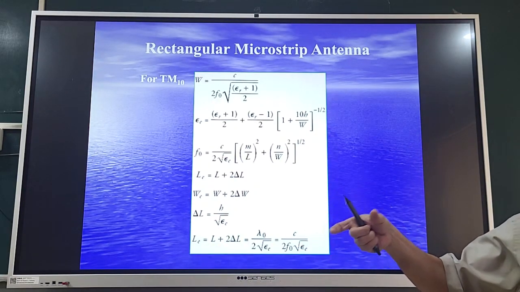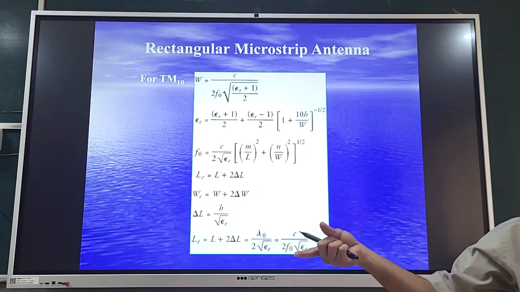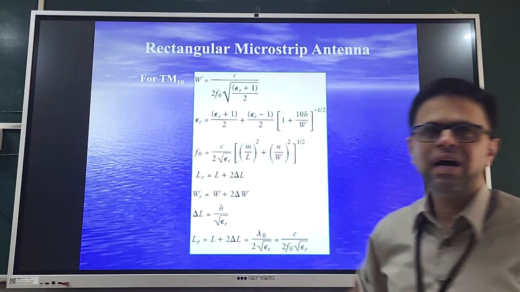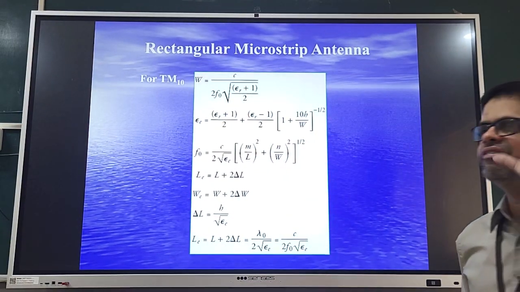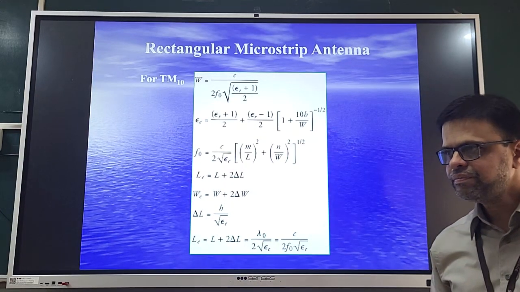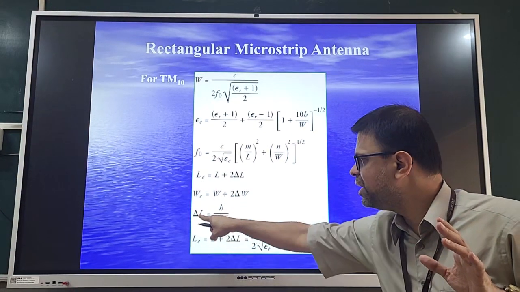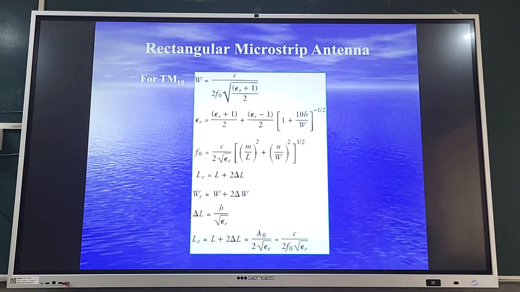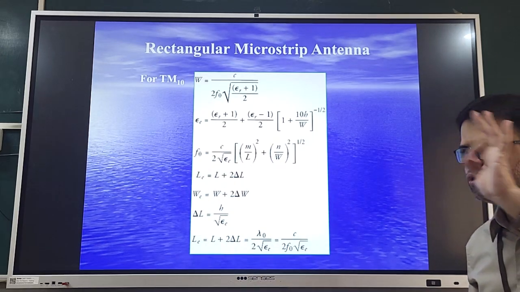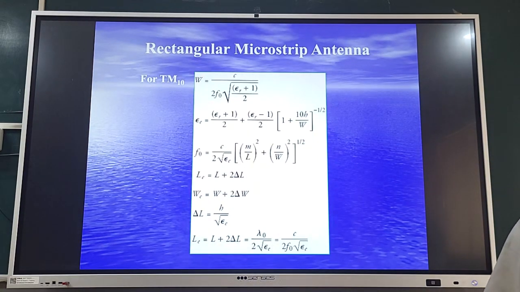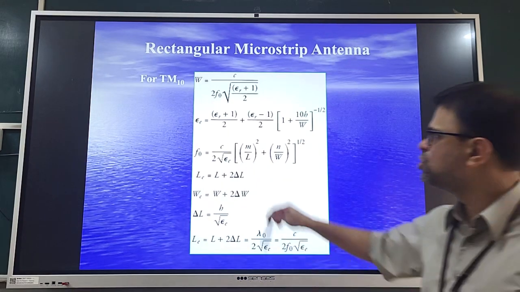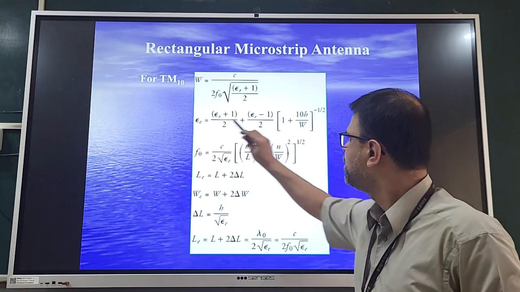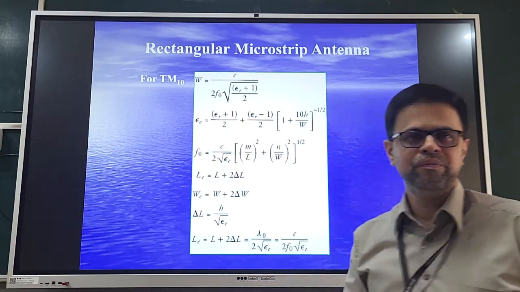So that needs to be judged. And on what parameter does it depend? It depends upon epsilon Re or epsilon E effective, because it has a role to play over here. So you calculate W nu using 1.2 times L. Then use this W nu over here and calculate epsilon E nu.